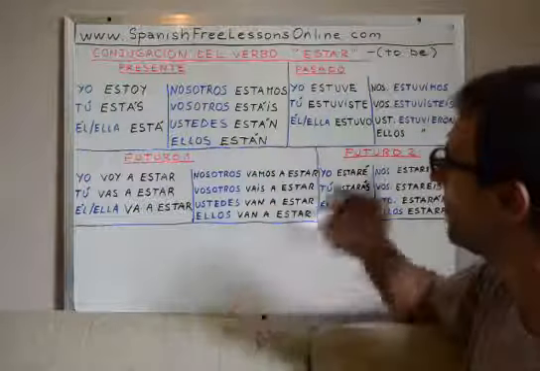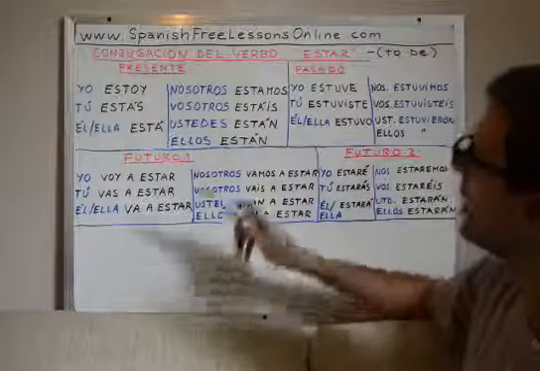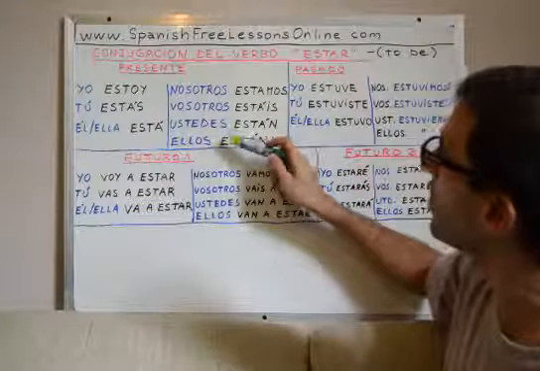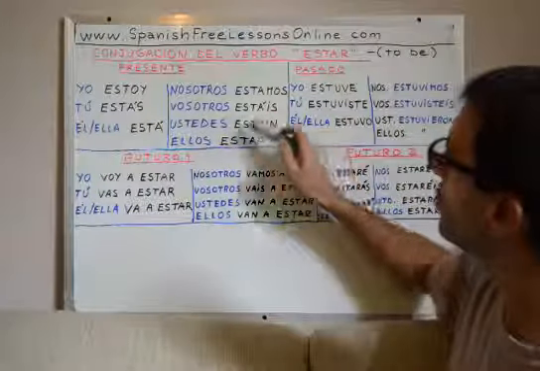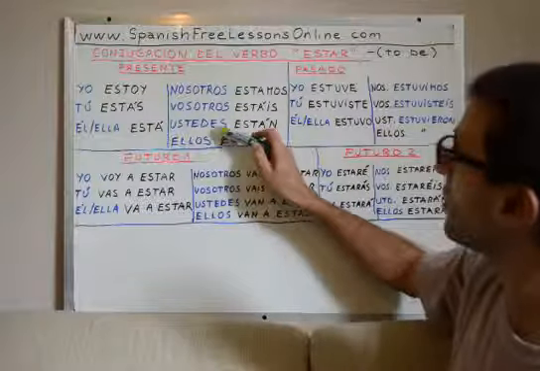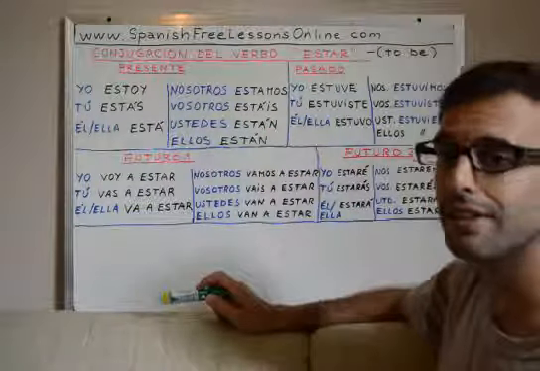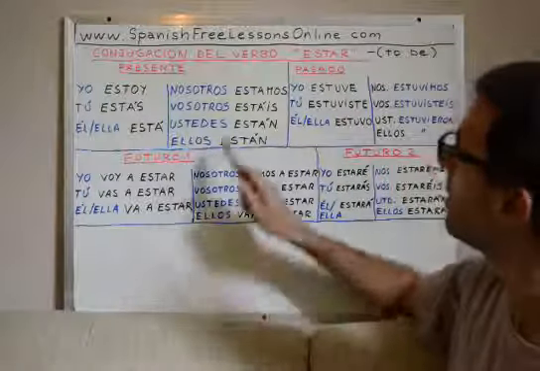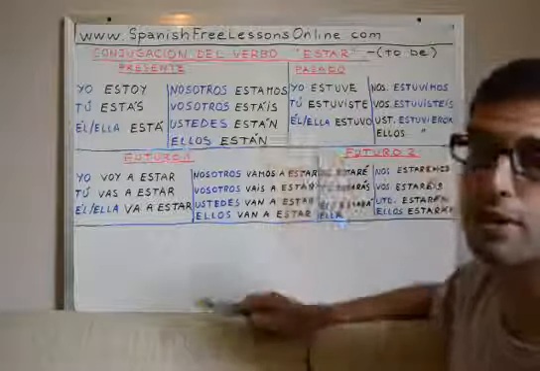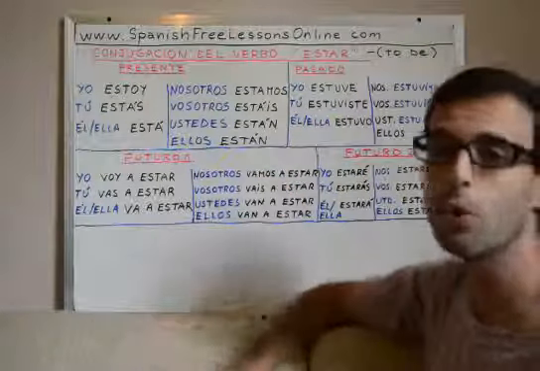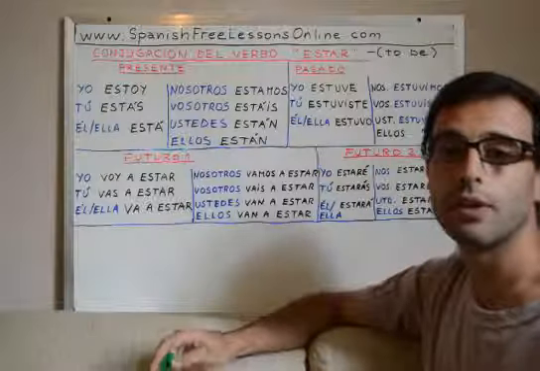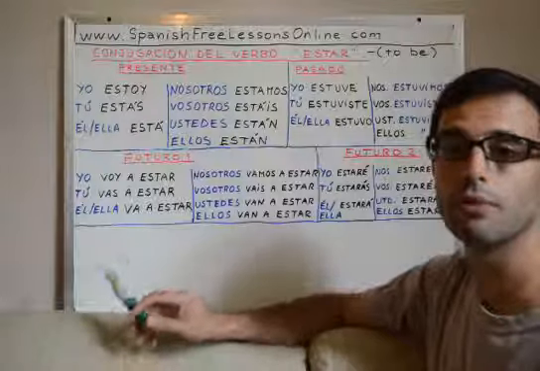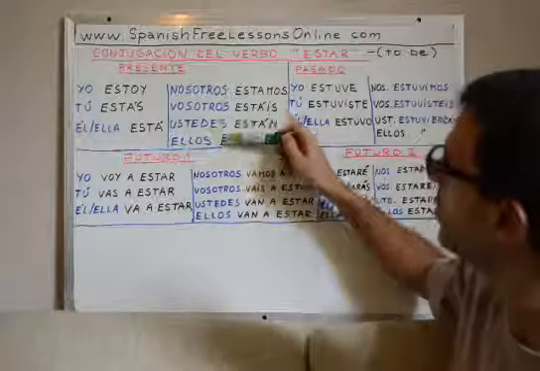Again, let me be redundant and repeat this again. Vosotros and ustedes are synonyms, but the conjugation for ustedes is always exactly the same as the conjugation for ellos or they, okay? You can see están, están, they are the same. This applies always for all the verbal tenses and for all the verbs in the Spanish language, okay? These two conjugate the same.